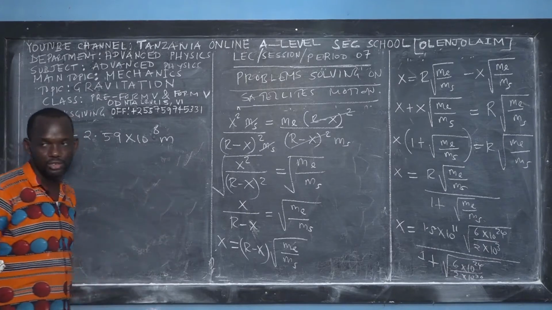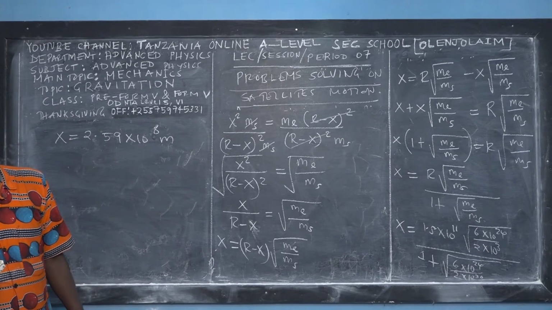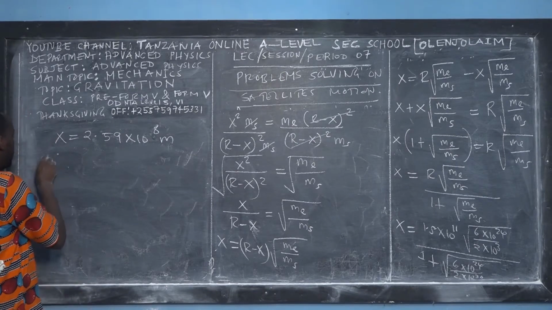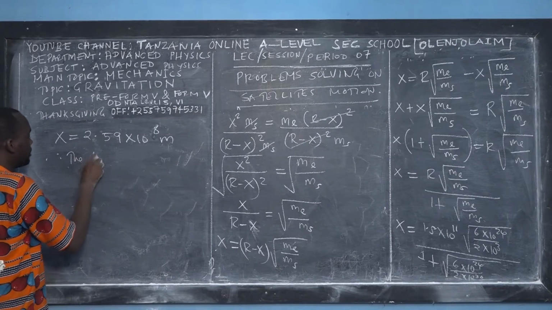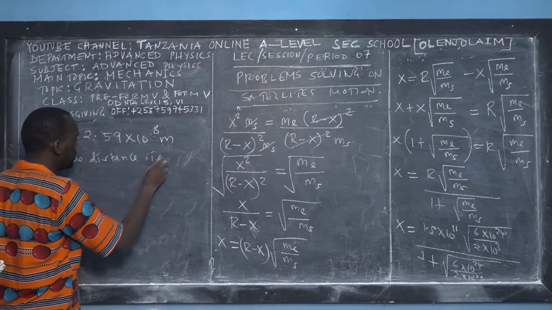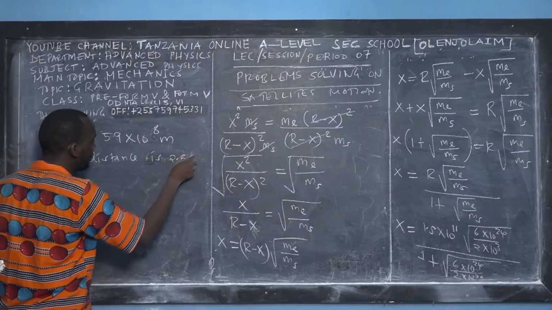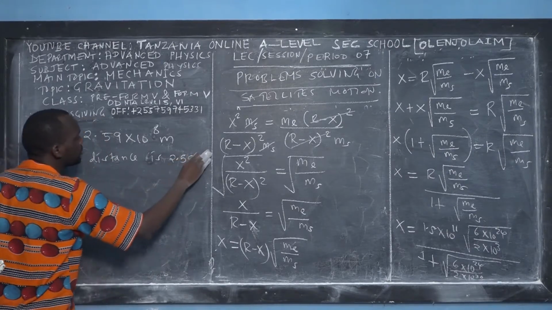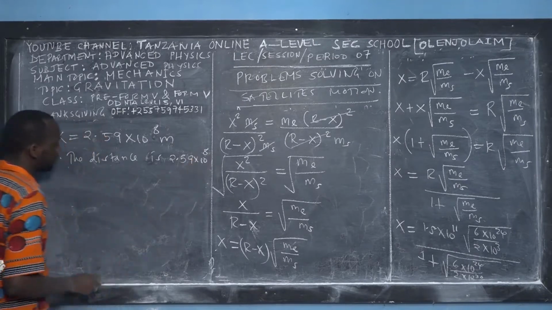So this is the distance where the gravitational force is zero. So therefore, we conclude that the distance is 2.59 exponent 8 meter.